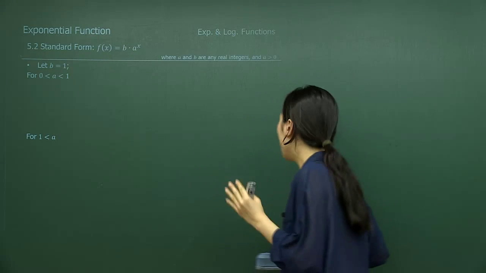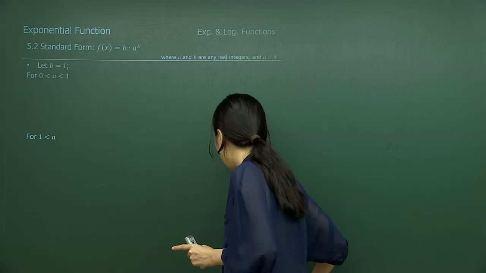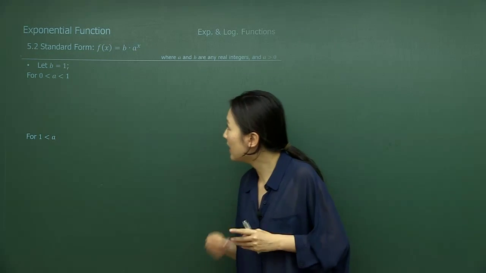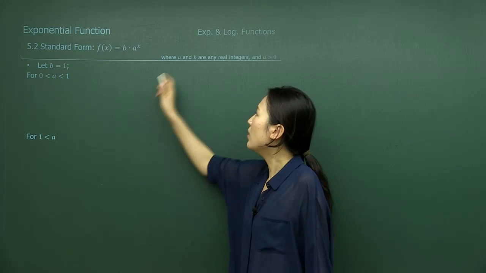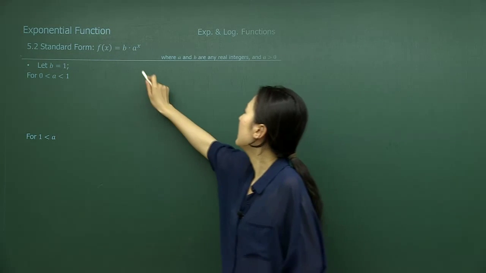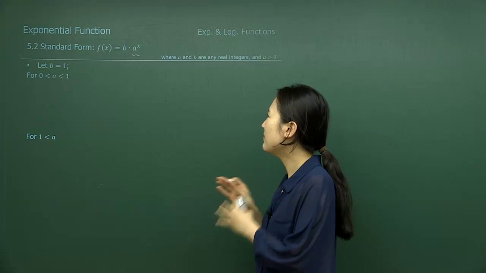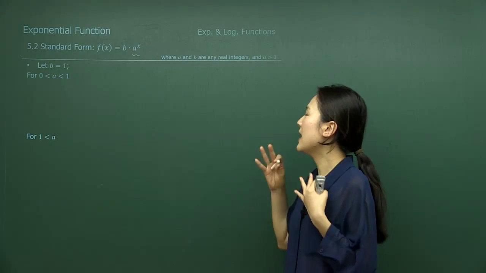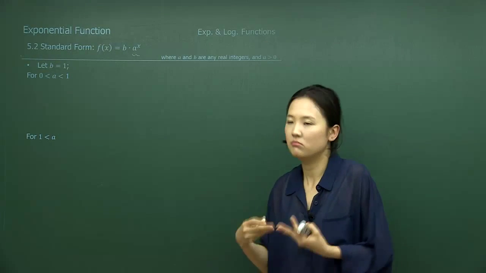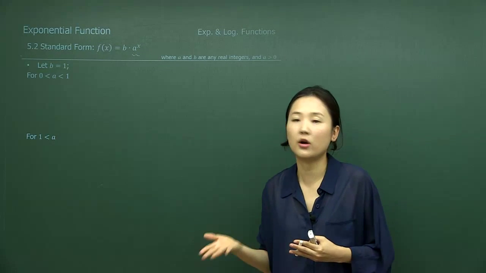So for any other functions, there were special things that you had to remember and understand. For exponential, what you need to understand is that depending on what your base is, the shape of the graph will change. And it's an exponential function because your input here is actually the power, right?